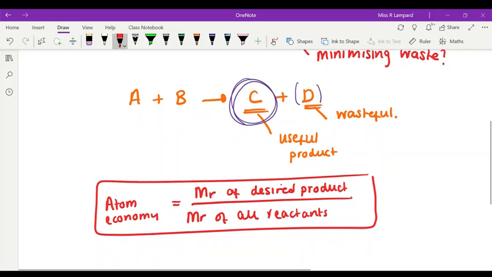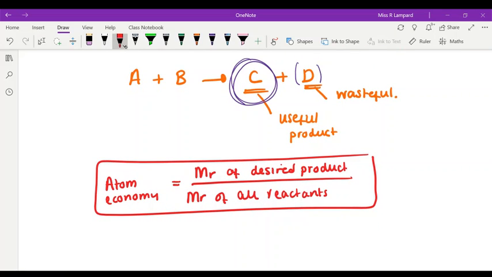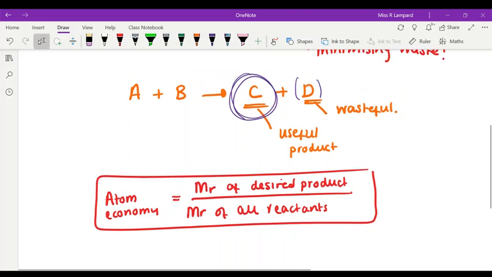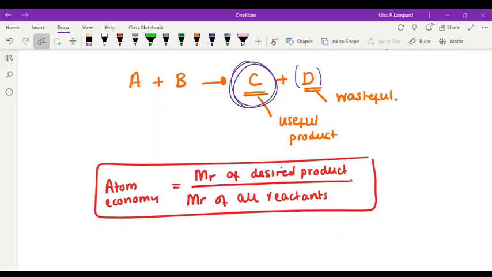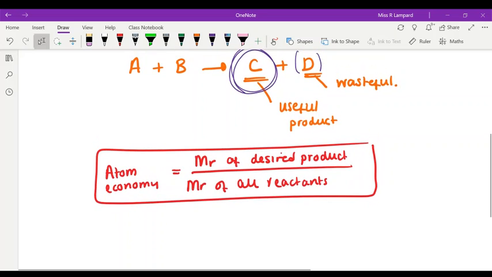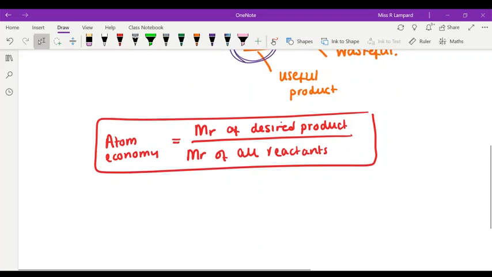Now, due to the law of the conservation of mass, we know that the total mass of the reactants is going to equal the total mass of the products. But by convention, we use the total relative formula mass of the reactants when we're working out these calculations. So I'm going to give you an example now.